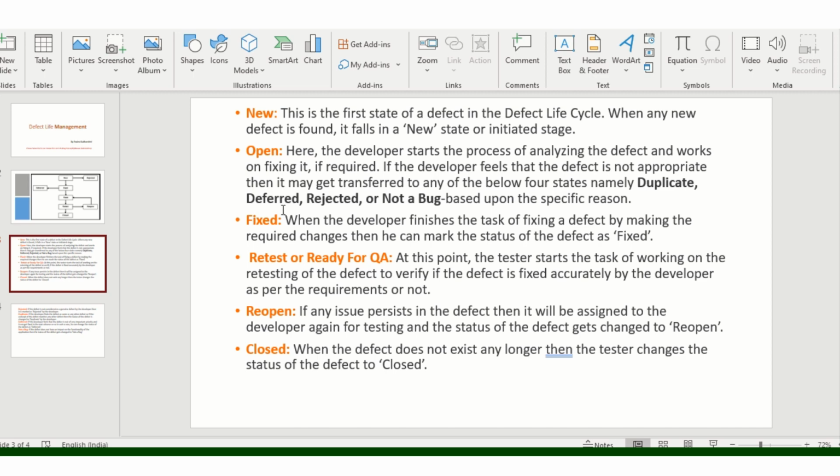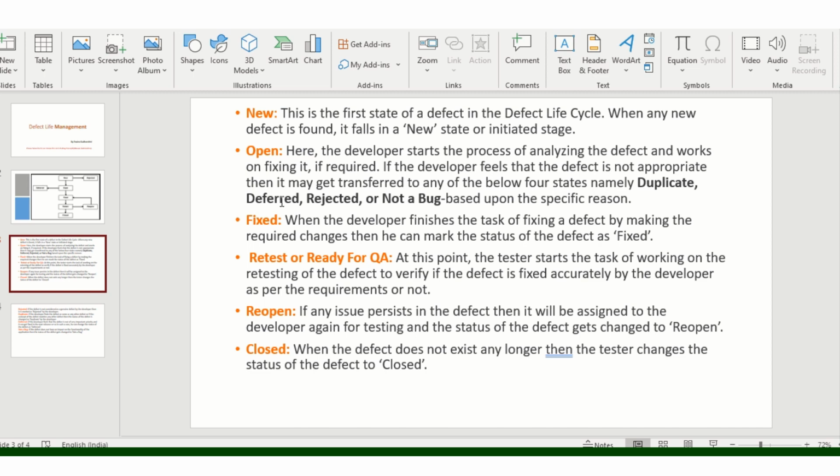Deferred means a future requirement was found in the current sprint; if we raise that defect, it will be fixed in the next release.